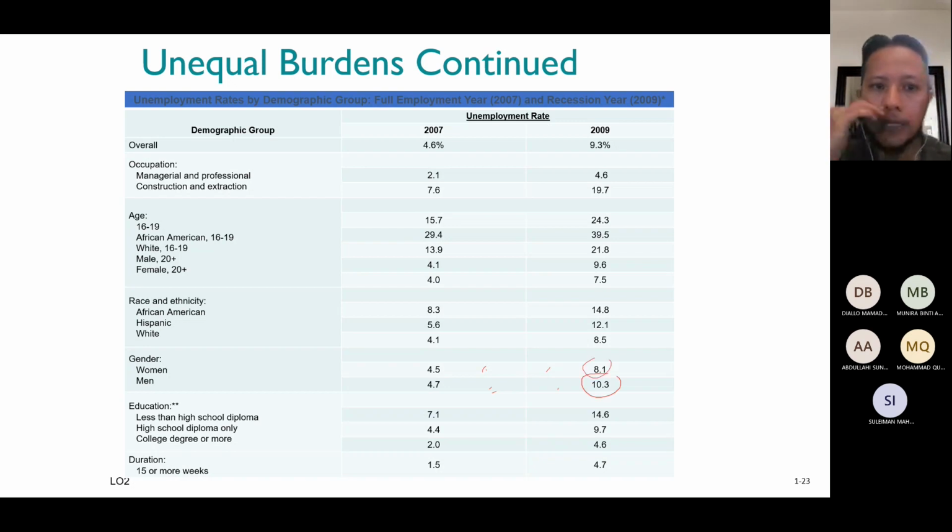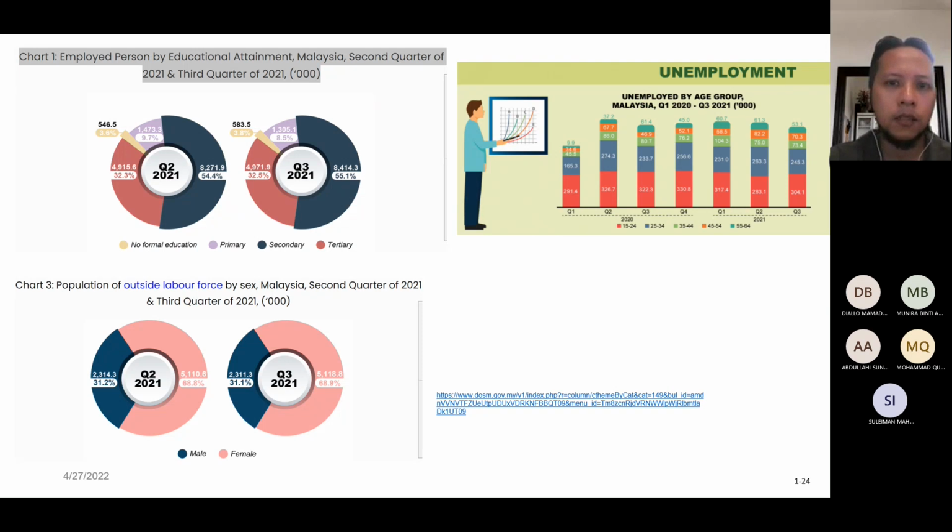Okay, and this basically affects the household, because maybe the men provide more for the household, and this will then affect the population as a whole, because the men who were providing for the household are no longer working, and this will cause a burden to society. Okay.